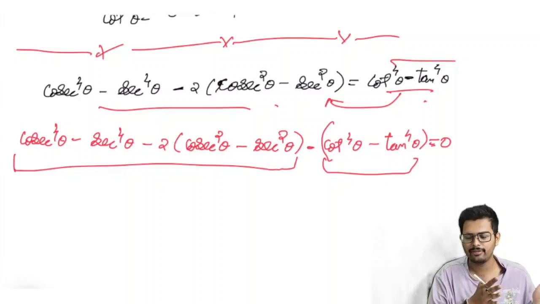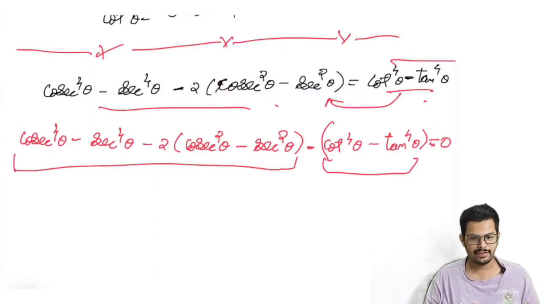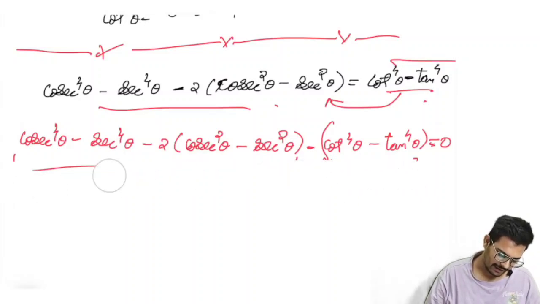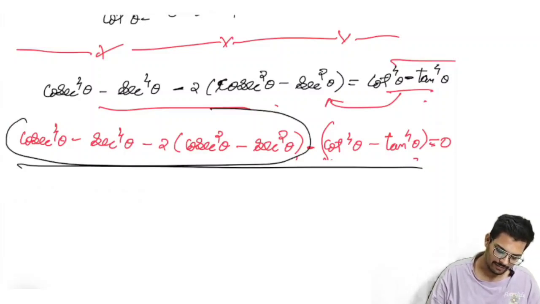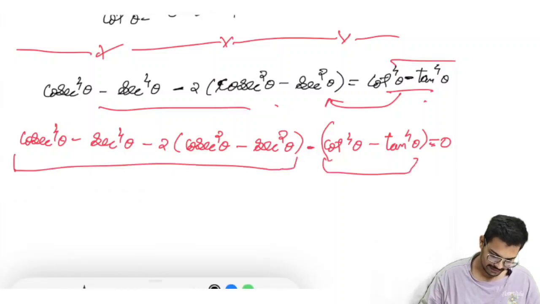Then only same value minus same value becomes 0. In that approach, you can modify the equation and prove that the LHS is 0. That's the approach. We can start.